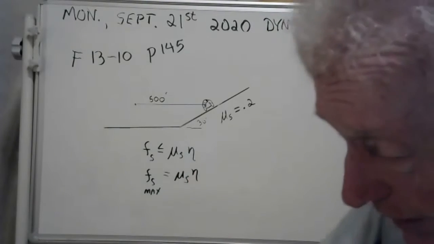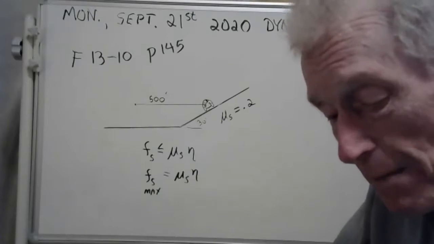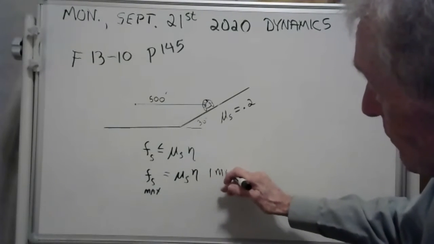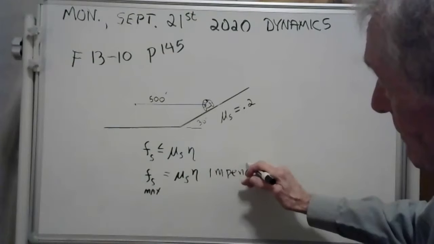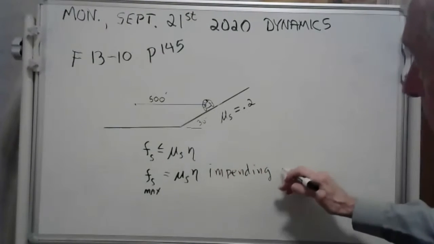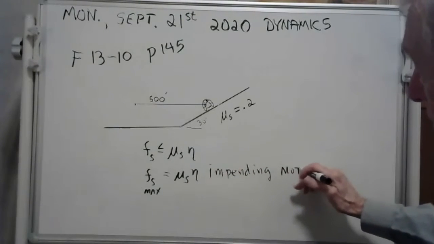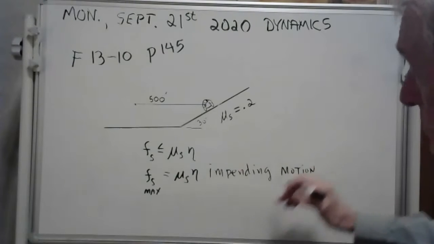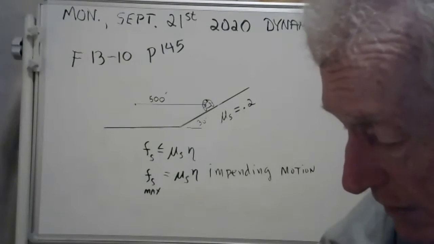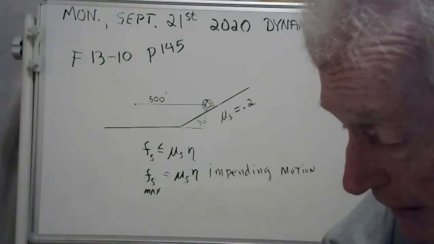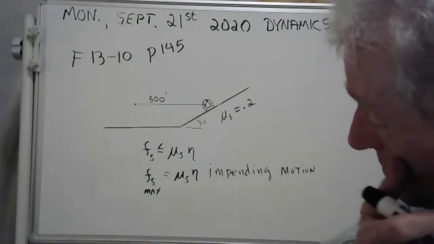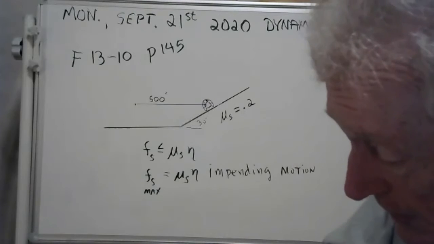They have a name for that. They call it impending motion. I don't know if you've ever heard this before. But impending motion is when you just exceed the static friction and you start moving in that direction that friction's keeping you from moving.